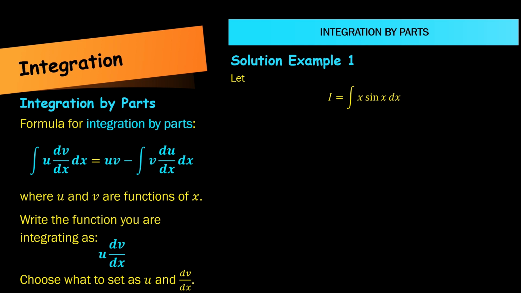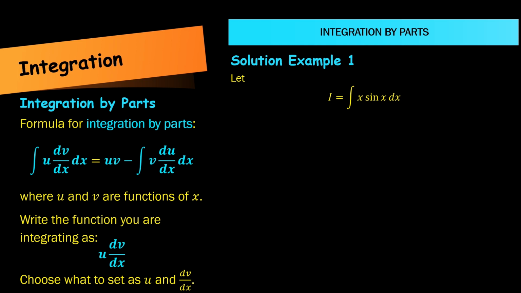However, it has the x attached to it. So a clue in this is that if we let u equal x and dv/dx equals sin x, then the x variable can be got rid of, so to speak, when we differentiate u, and this is part of the formula for integration by parts.